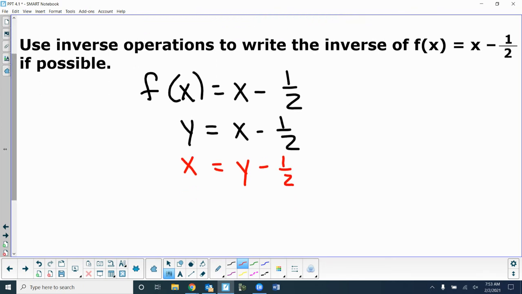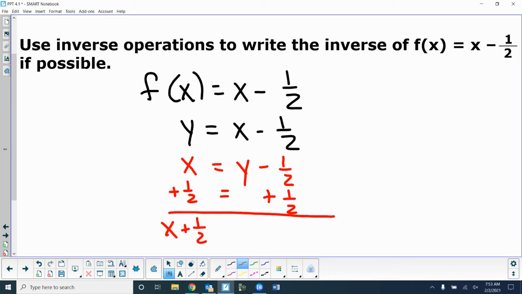What do I do to get y by itself? Add 1/2. It's not difficult at all. That's how you write the inverse, f to the -1 power.